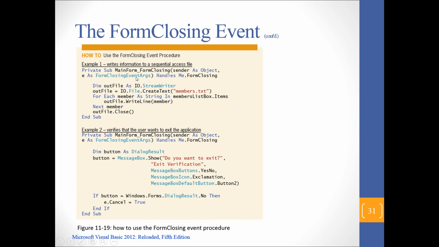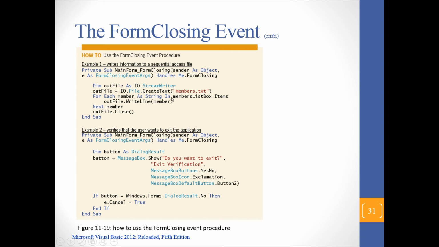You can issue that inside here. It's just a subroutine similar to the handle start, but it's me.FormClosing, handles me.FormClosing, and then in there you can issue some commands. So if you were writing files, usually this is where you would save all your data to your text files or your database, and then you close the program.